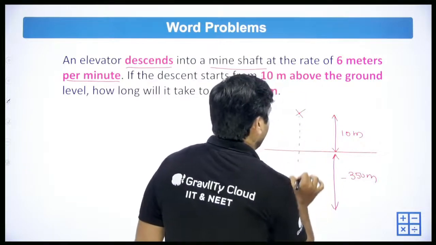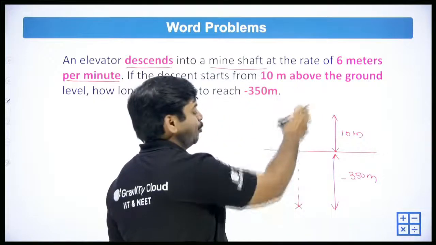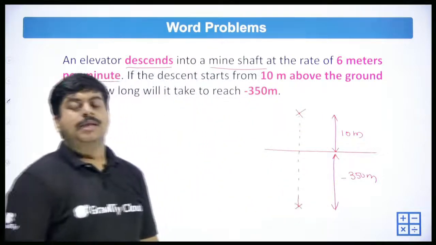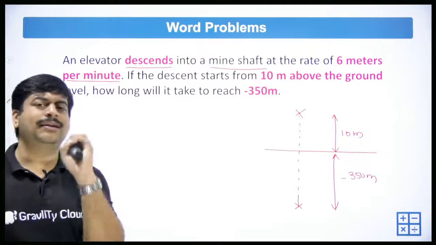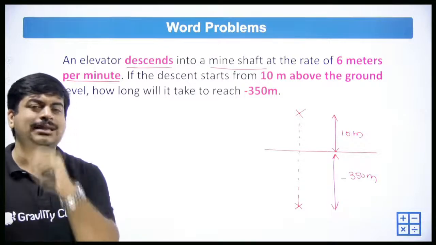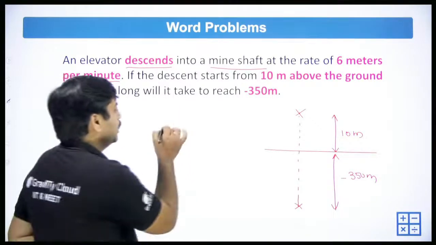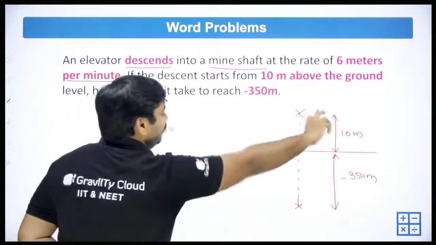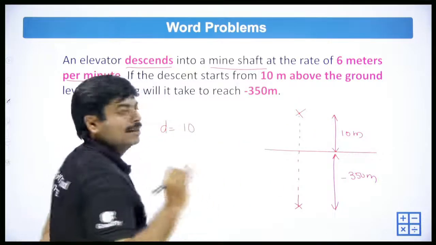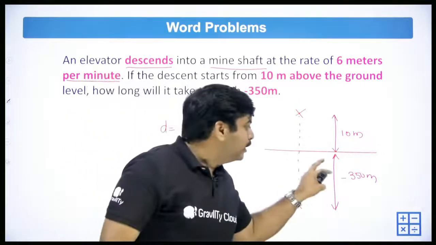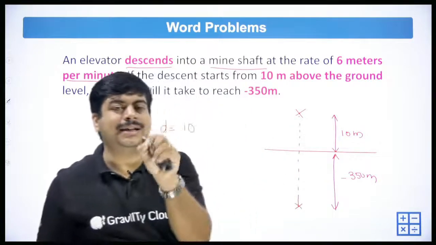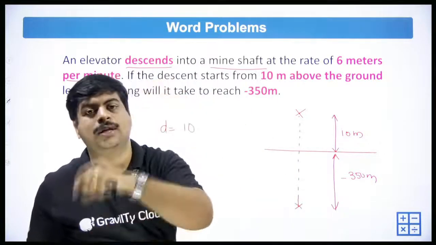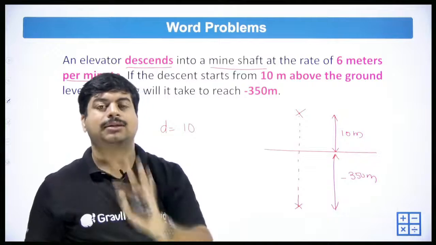So it should travel all this distance from this point to this point. Now tell me, what is the total length it is moving? What is the total distance it is covering? The total distance is 10 meters above, and although it is minus 350, negative means reverse direction. The distance is 350 meters only.